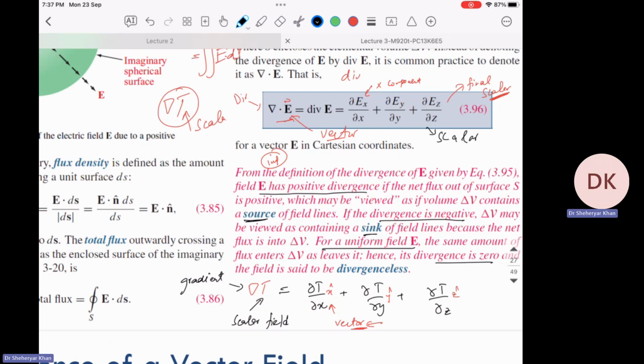Then you can tell me that, because it's a uniform field, the flux entering the volume and leaving the volume are the same. That's why the answer is zero, right? So these three reflect three different phenomena related to the source.